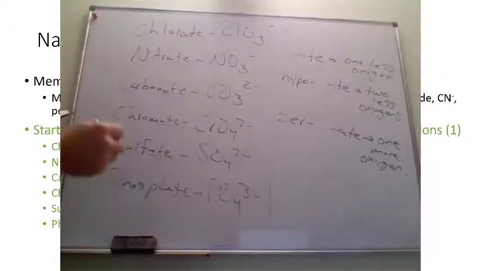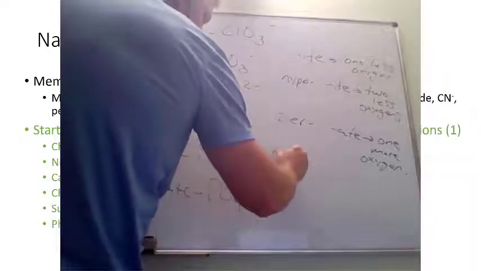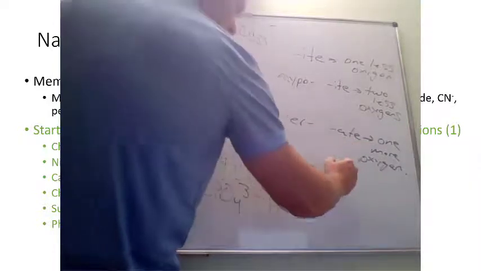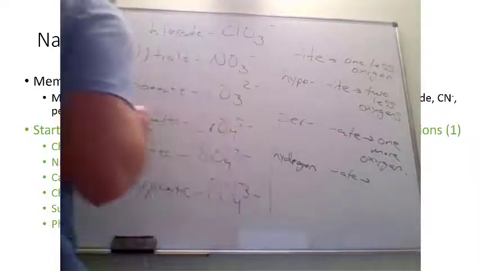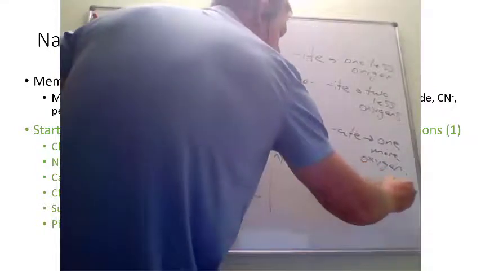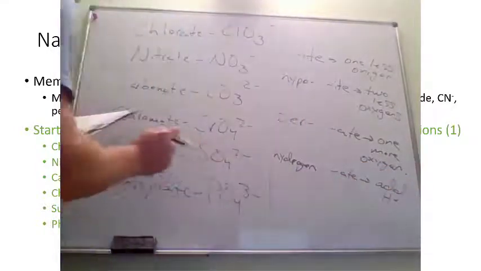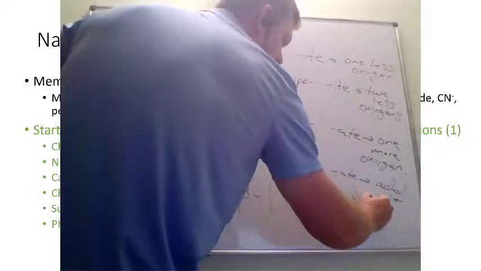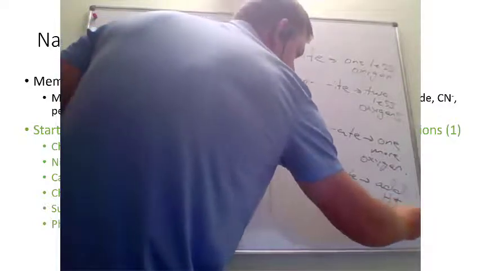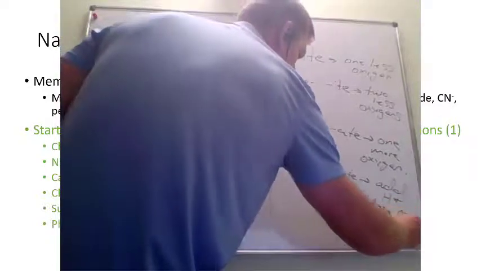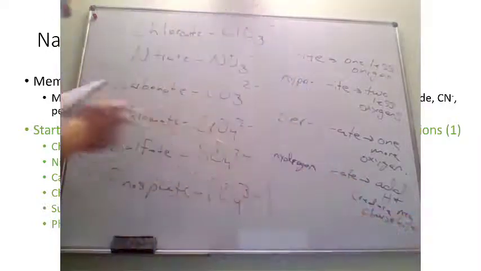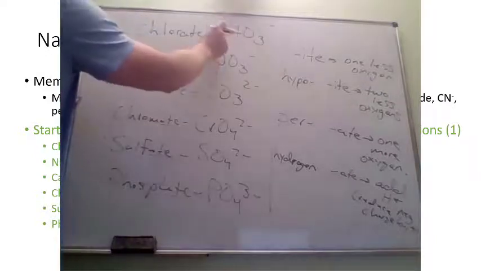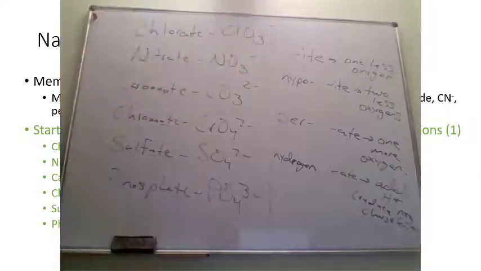And the last one is if you have a prefix of the word hydrogen and then it ends with ATE, what you're going to do is add an H plus, and that has the effect of reducing the overall negative charge by 1. So if we have hydrogen chlorate, we would add an H plus and we would remove one of the charges.